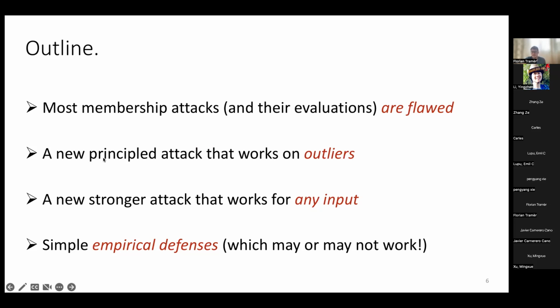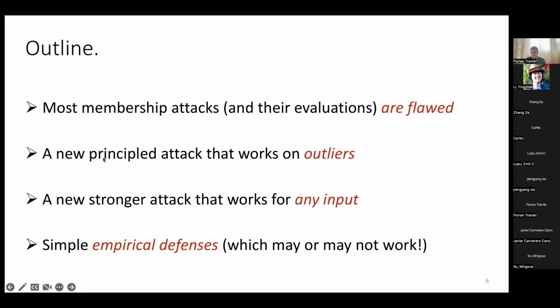By doing this better evaluation, we also find that pretty much all prior attacks in this space don't really work. So we propose a better attack that actually succeeds in inferring membership. As we'll see later in the talk, this attack works particularly well for data outliers, and it actually only works for data outliers.